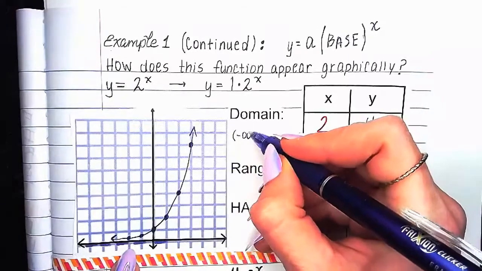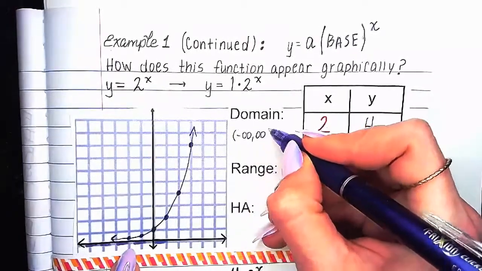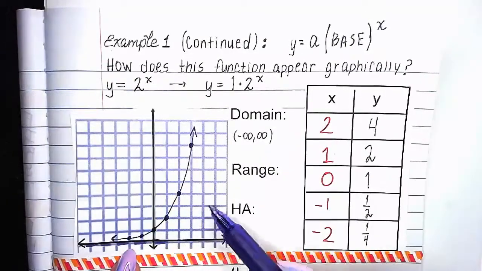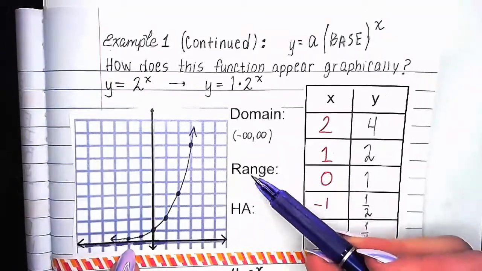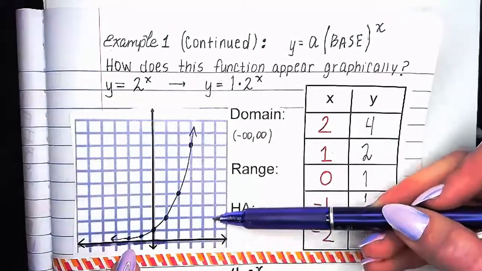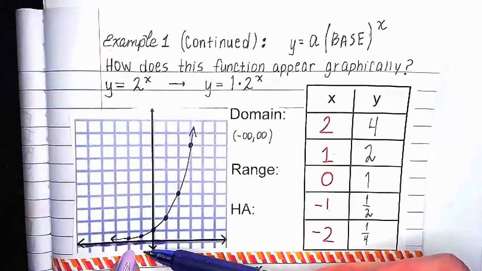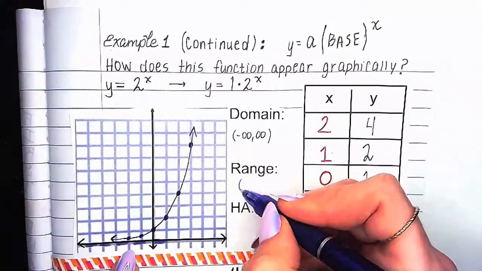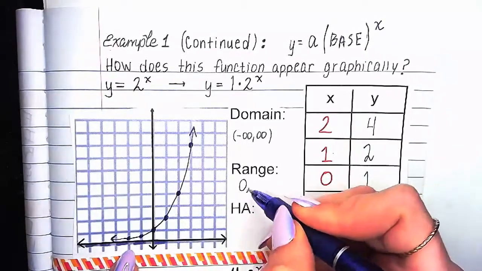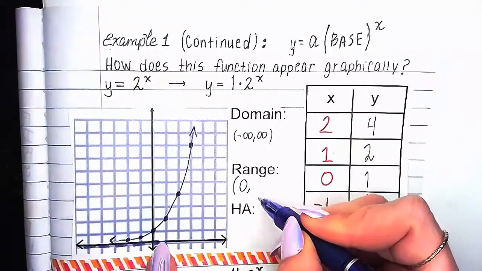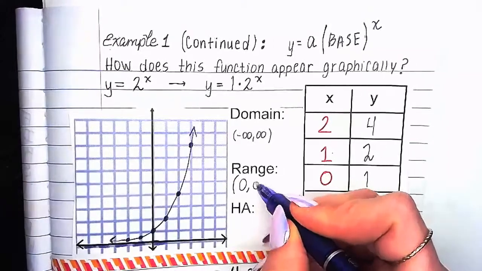From negative infinity until infinity. For the domain, we always move from left to right. Now the range goes from bottom to top. How low does this graph go? The lowest the graph goes is 0. Now we don't actually ever hit 0, so I'm going to use a parenthesis, and then I go up toward infinity forever.